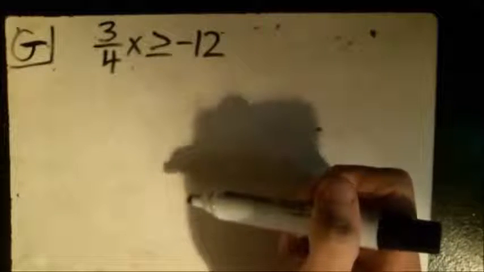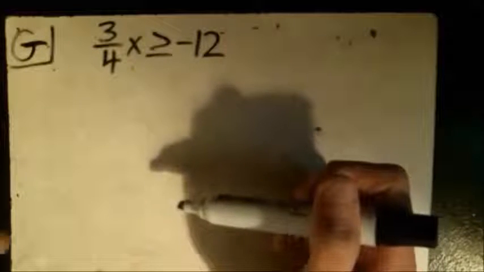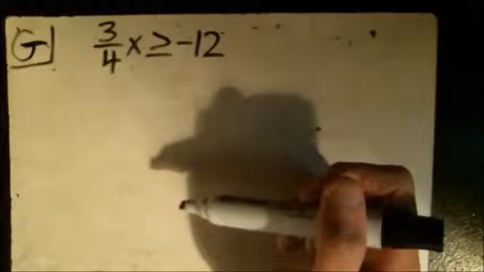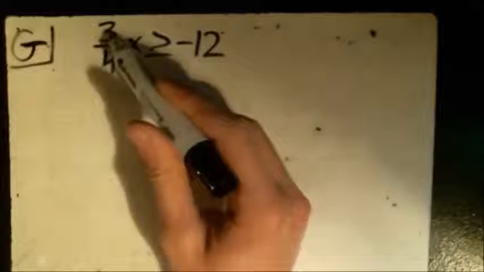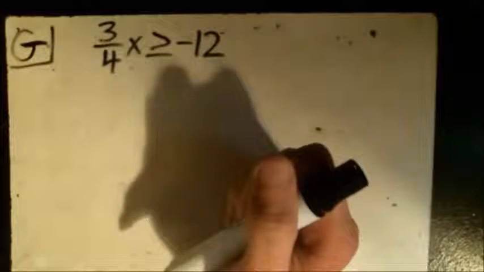So for g, we've got 3/4 x is greater than or equal to negative 12. In order to get rid of a fraction, you have to remember that you have to multiply by the reciprocal. So in order to get rid of 3/4, I'd have to multiply by 4 over 3. So I'm going to multiply both sides by 4 over 3.